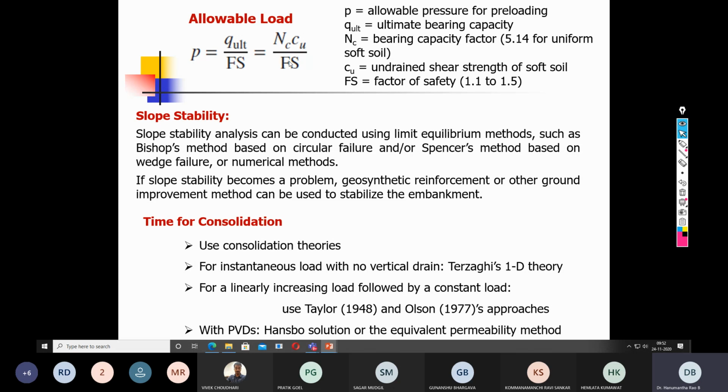Since you are dealing with clay, this is N, the bearing capacity factor, times Cu divided by the factor of safety. This will give you, depending upon the value of the cohesion, the minimum bearing capacity that the soil is offering. Then accordingly, we can decide the minimum surcharge height that we should put, so that the soil will not undergo any kind of slope failure because of the induced settlement.